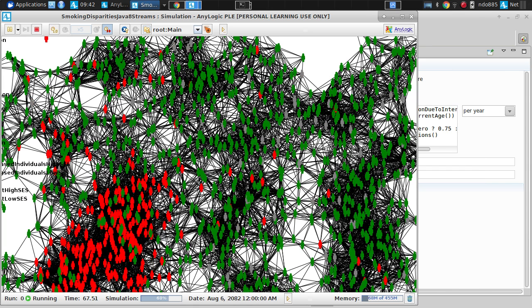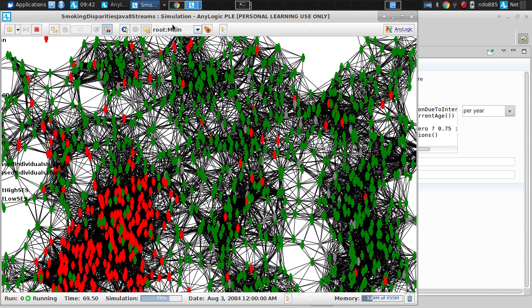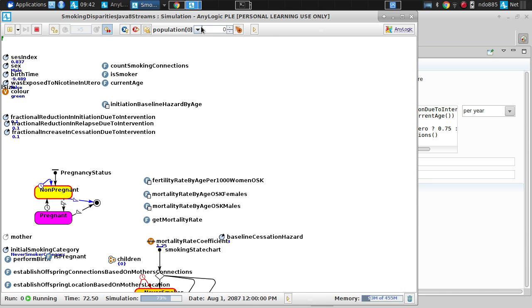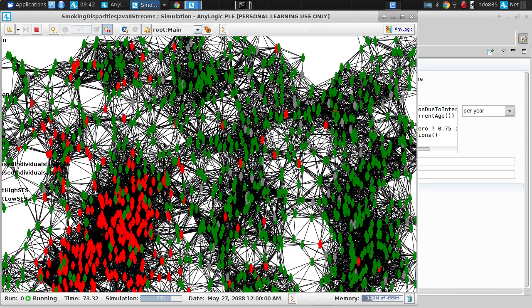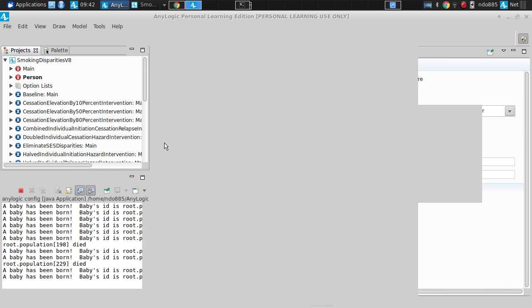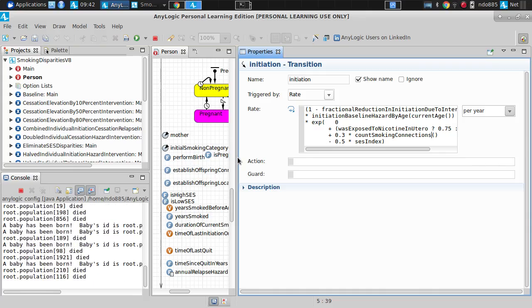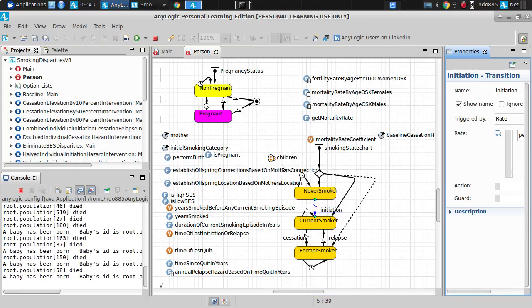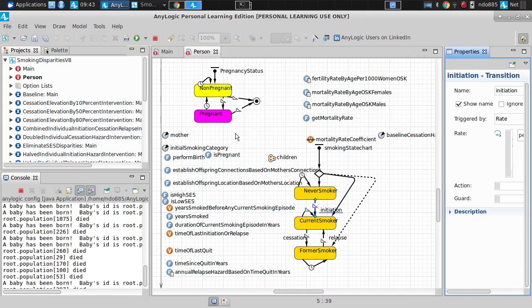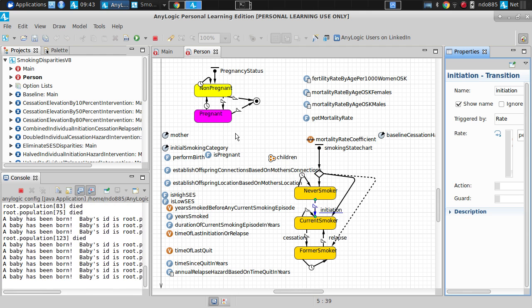So if you look at this, what you're seeing here over time at an individual level and at the level of the population as a whole, that is kind of the logical consequence of this theory of personhood that we've depicted here with these state charts saying you can be in this state or that state and that state, and these are the rules for your transitioning.